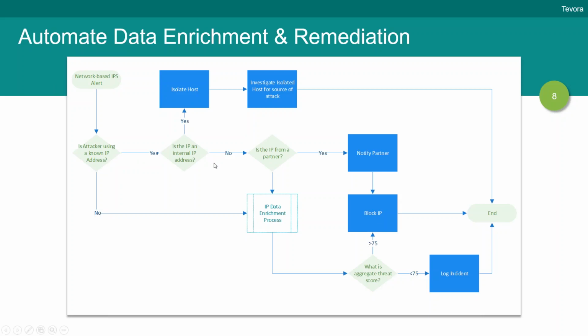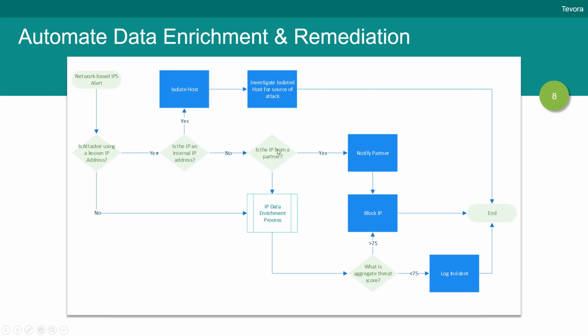So the next step would be, we instead say, no, this is not an internal IP address. And then we say, is this on the list of IPs from our partners? Perhaps we have some partner relationships where they have a VPN connection into our internal network, or even they just happen to come from the outside and connect to our external systems.